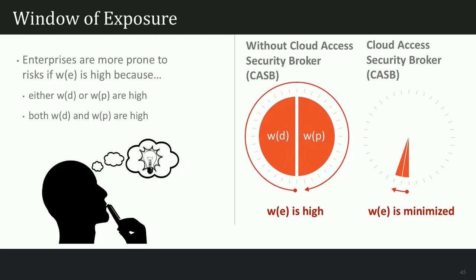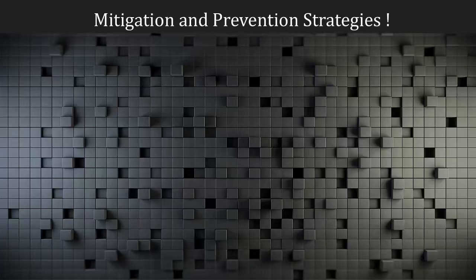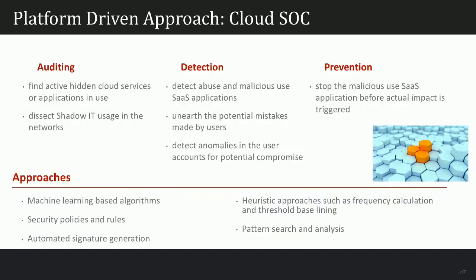So we talked about the window of exposure, but now a little bit about some of the mitigation and prevention strategy. Chris mentioned earlier as well, there's no one golden shot out there. It's always a hybrid approach. People can say that machine learning is the answer, artificial intelligence is the answer.